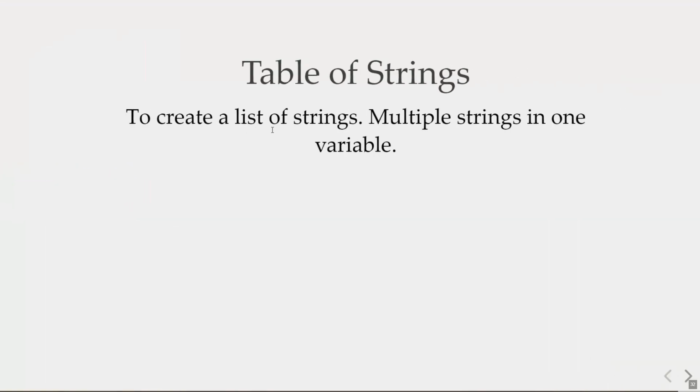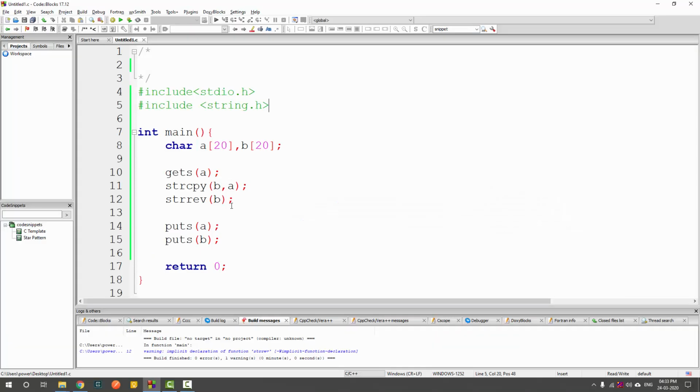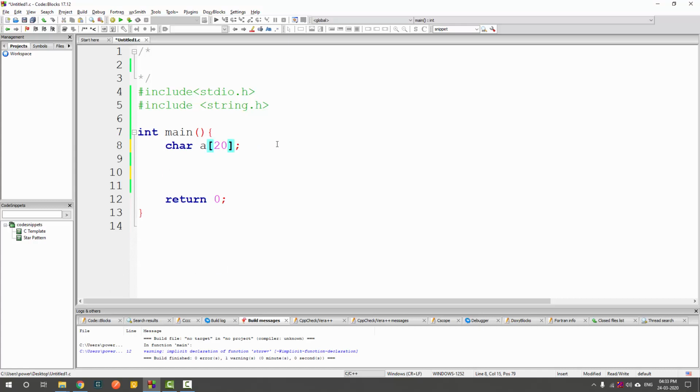Okay, so let us go to the last part of this video, that is table of strings. Now till now what we have seen is a character array. So I have a character array with the name, let's say Mumbai, stored over there, right?